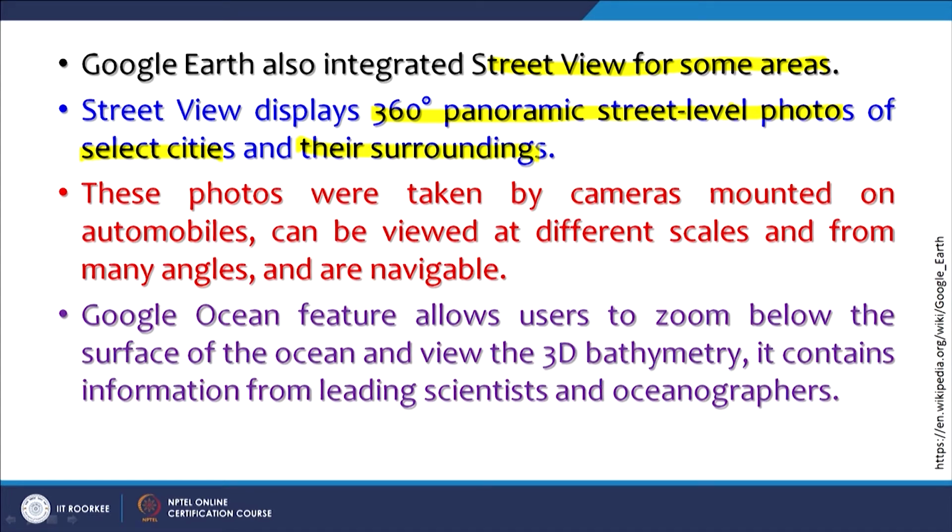These are very helpful, and currently we can say these are among the ultimate things of GIS and remote sensing: sitting anywhere on the globe we can see the complete 3D panoramic street level, or get a feeling of a street level perspective view of many parts of these cities and their surroundings. These are very useful from a tourist point of view and others, but sometimes people misuse this information.